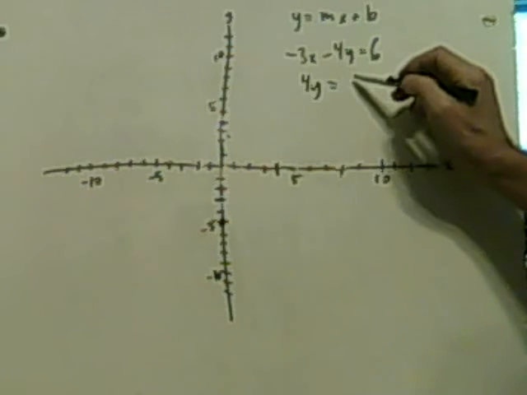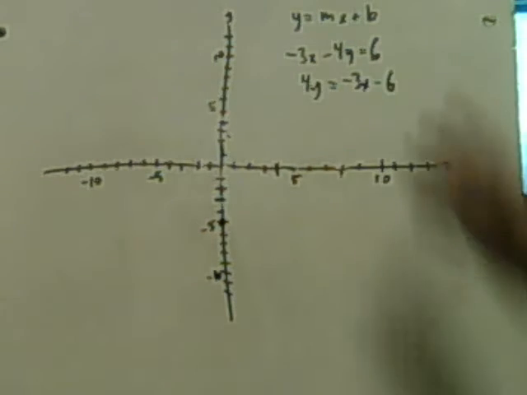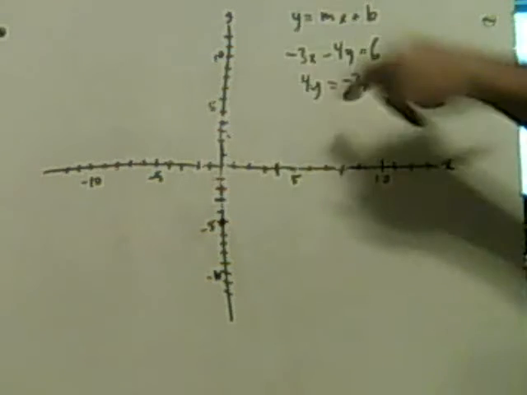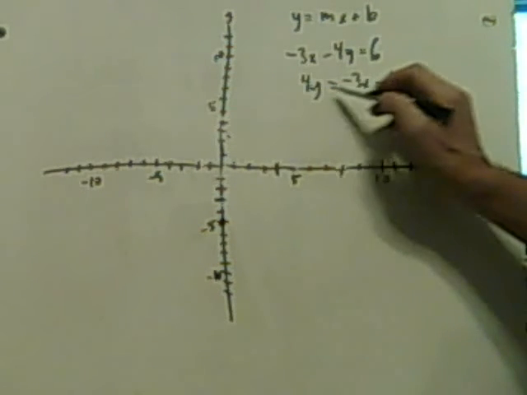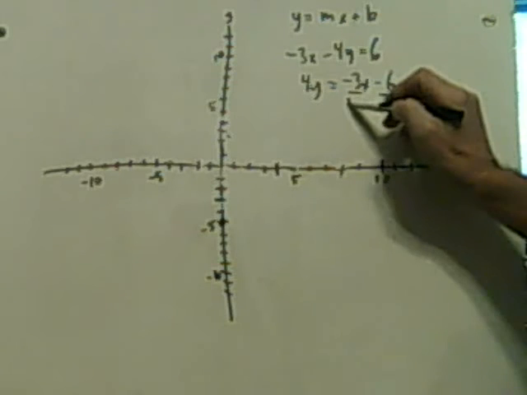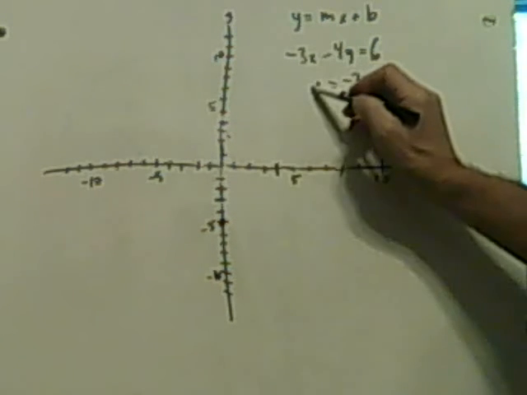So this is equal to negative 3x minus 6. I'm just moving them around to get it into this form. Now I'm going to have to divide by the 4.